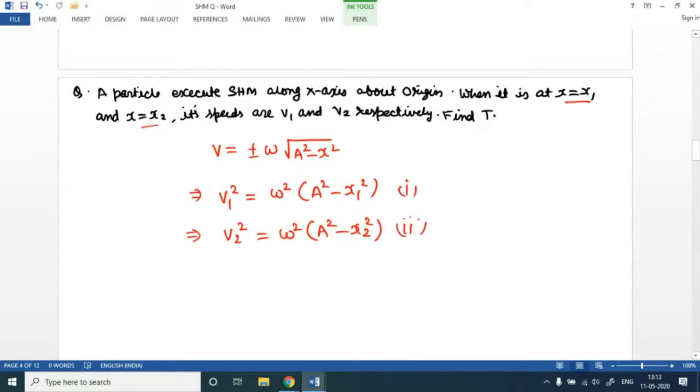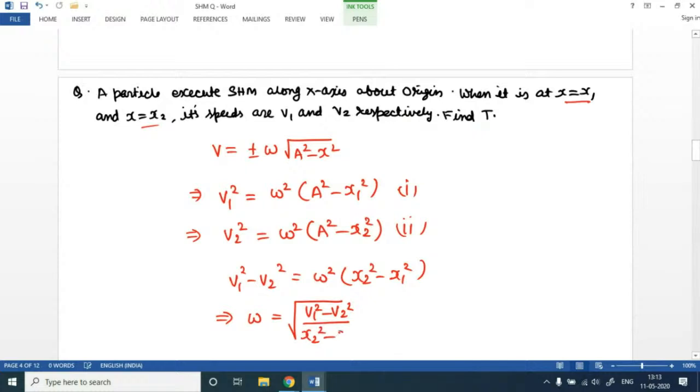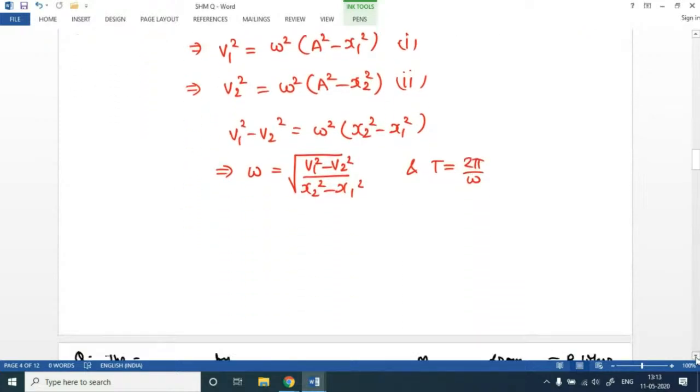When you will subtract these two equations, what you will be getting is v1 square minus v2 square is equal to omega square into x2 square minus x1 square over here. So this will simply give you omega, which is nothing but root under v1 square minus v2 square upon x2 square minus x1 square. So obviously the time period would be nothing but 2 pi upon omega over here. Okay, let's take one more question.